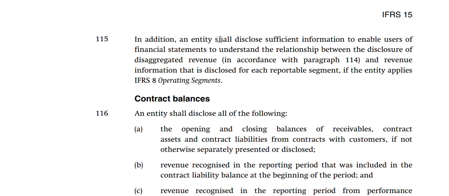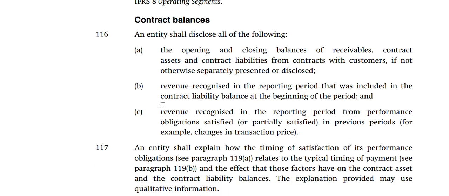In addition, an entity shall disclose sufficient information to enable the users of financial statements to understand the relationship between the disclosure of disaggregated revenue and the revenue information that is disclosed for each reportable segment if the entity applies IFRS 8 Operating Segments.